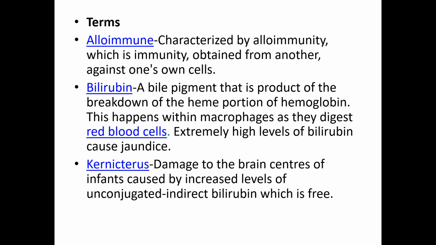Okay. Bilirubin is a bile pigment that is produced from the breakdown of the heme of the hemoglobin. Generally, when the hemolysis condition is there, when the heme of the RBC is destroyed, the bilirubin will be produced.